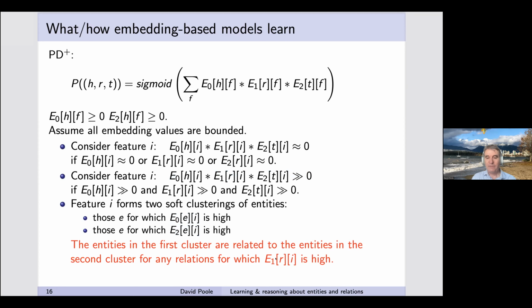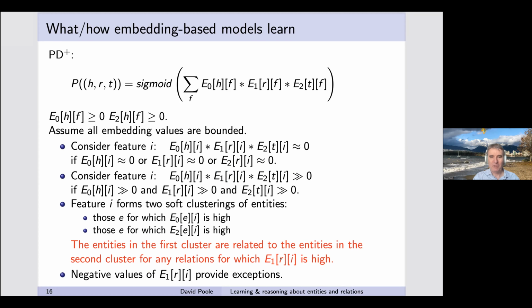If the relation in that position is high, then they're related. Otherwise, they're not. So basically, we're having soft clusters of entities, and one soft cluster is related to another soft cluster, and the relation picks out which clustering we're going to use. The negative values for E of Ri provide exceptions, so it's generally true except for this exception. So you can have exceptional representations.